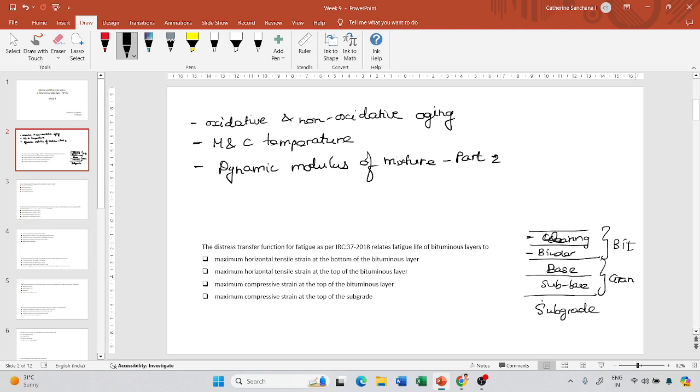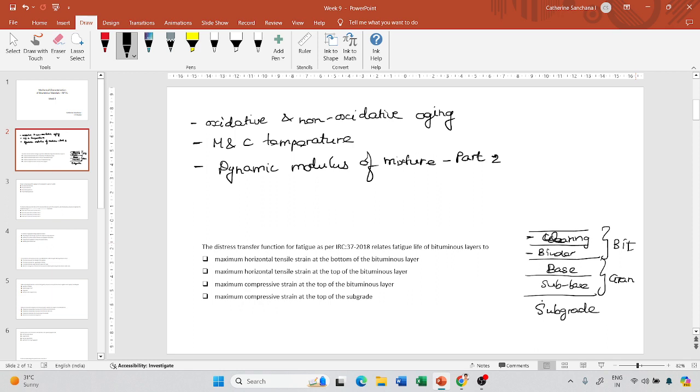Now on top of the subgrade, we have the granular layers, and these layers constitute the base and the subbase courses. The properties of these layers we measure in terms of the resilient modulus of the granular layers. And on top of that, we have the bituminous layers.